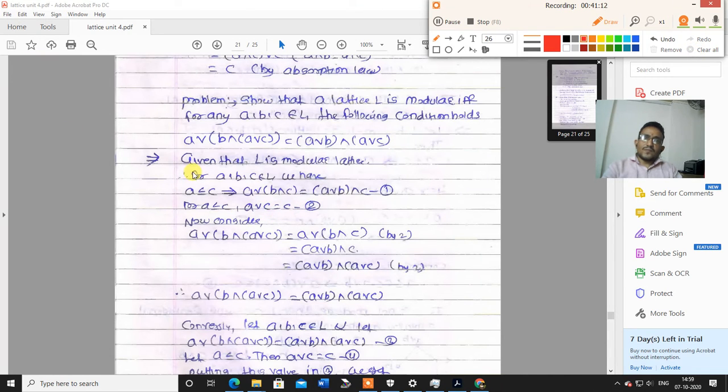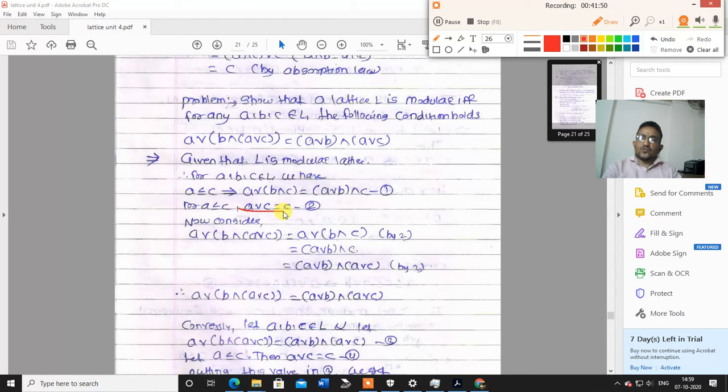Now consider the LHS: A join B meet A join C. By equation 2, A join C is equal to C. Then we consider A join B meet C. Again, since L is a modular lattice, by using the modular law we can say A join B meet C. Again, what is C?